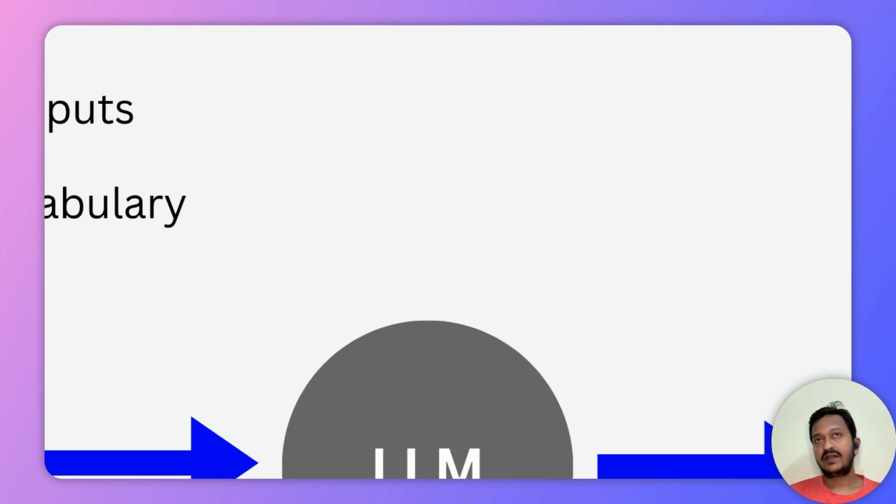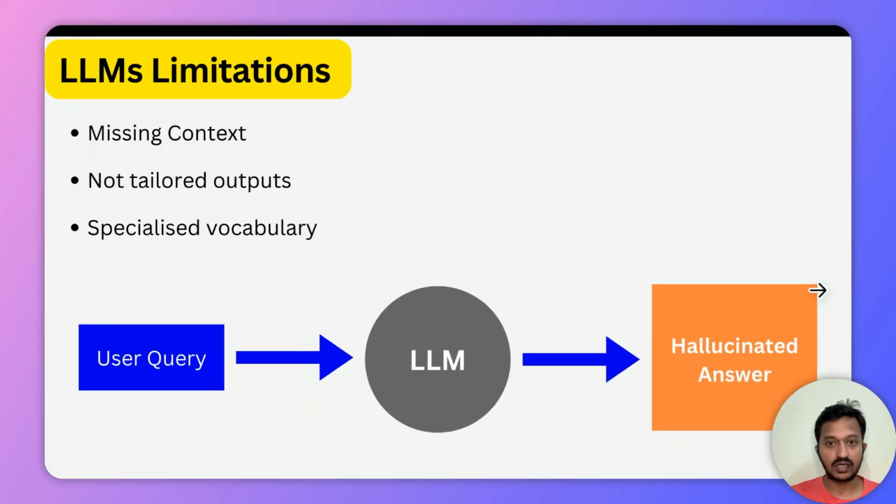We understood large language models and how they are trained, but these large language models have limitations. You might have seen, when using ChatGPT, that when you ask a query, sometimes it might hallucinate. What do I mean by hallucinate?